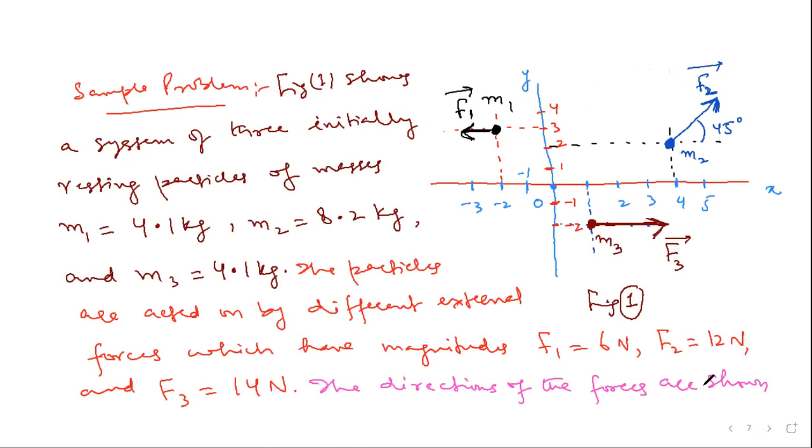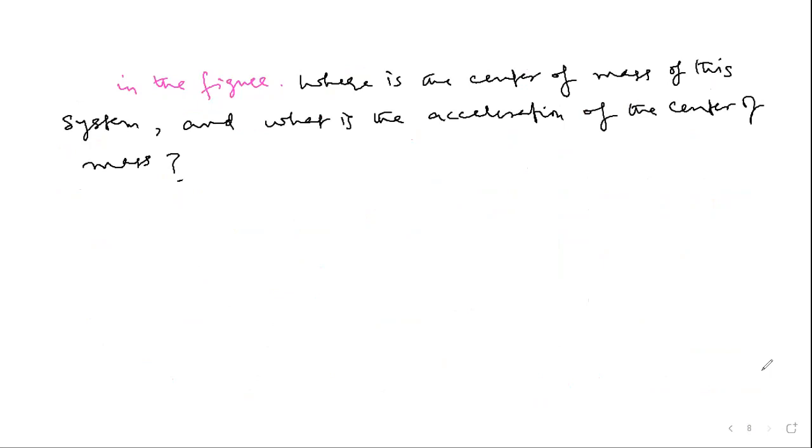The particles are acted on by different external forces which have magnitudes F1 equal to 6 Newton, F2 equal 12 Newton, and F3 equal 14 Newton. The directions of the forces are shown in the figure. Where is the center of mass of the system? And what is the acceleration of the center of mass?